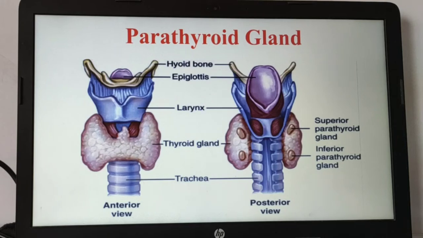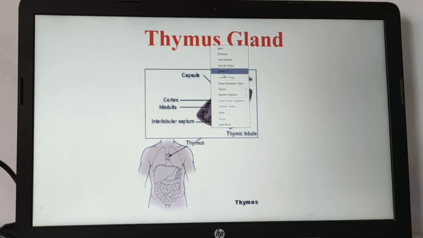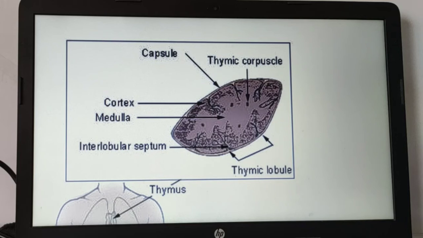Now we will see the thymus gland. You can see this is the diagram of a thymus gland. Basically, this thymus gland is a very soft gland, and it also has a pink color.